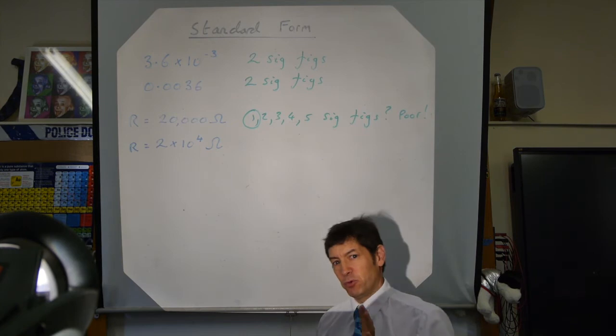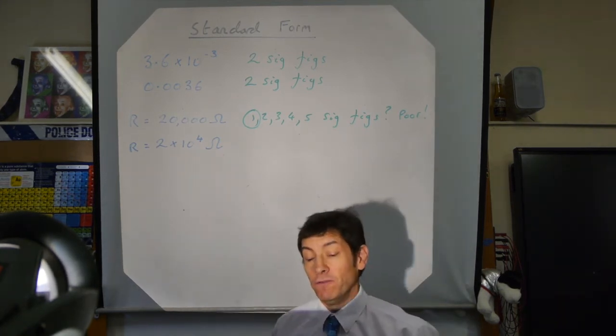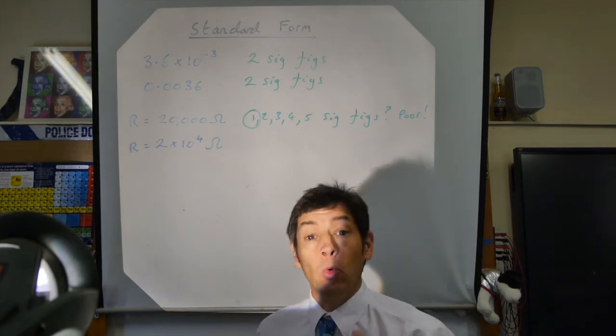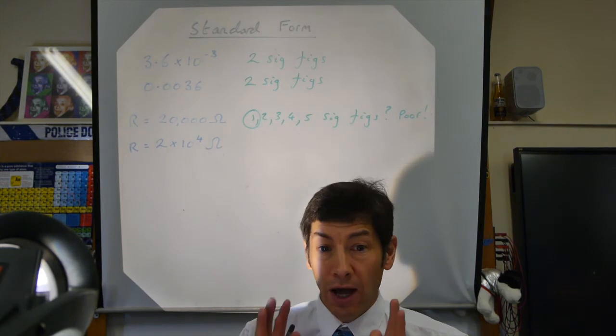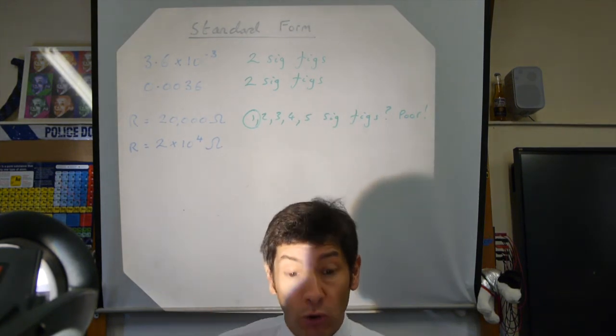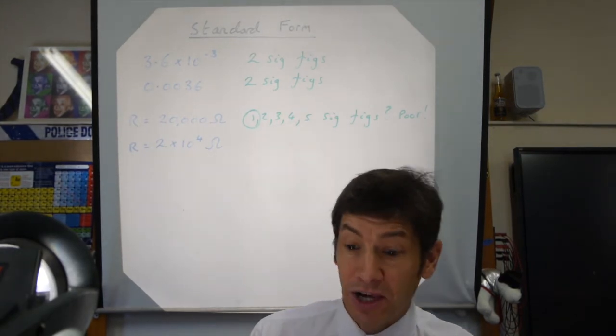But that does have a problem dealing with significant figures if you're not very confident. So it's a good idea always to quote numbers in standard form if you're finding significant figures something important to you in a calculation. And I think it's pretty clear there.